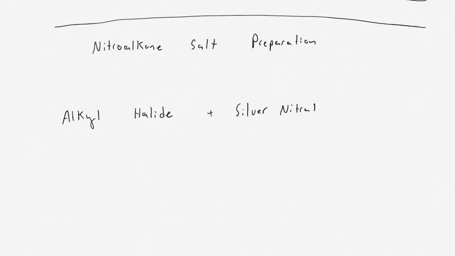Plus silver nitrate. So if I want to get a nitroalkane, I might do a substitution reaction here. I'm going to get a nitroalkane. Again, this would be a substitution reaction.